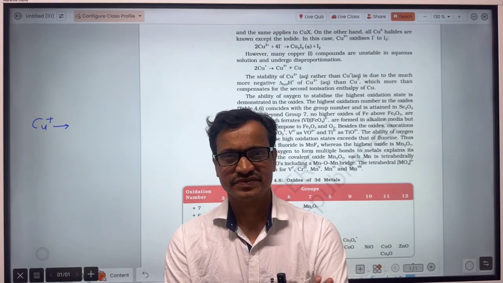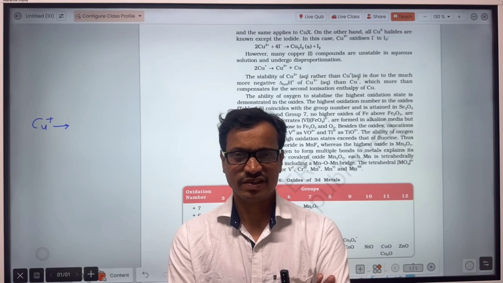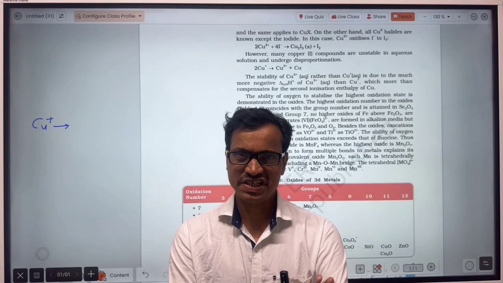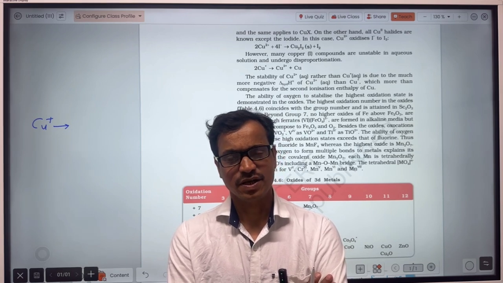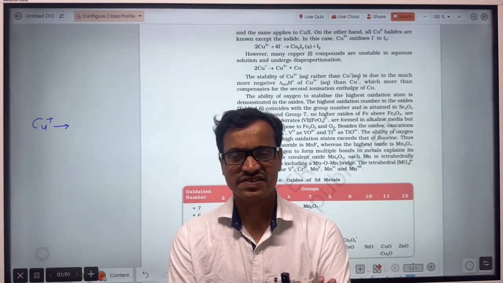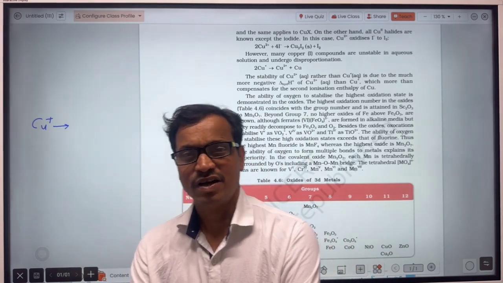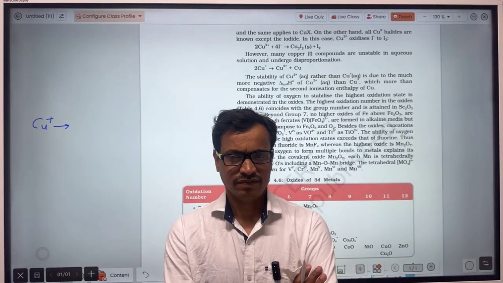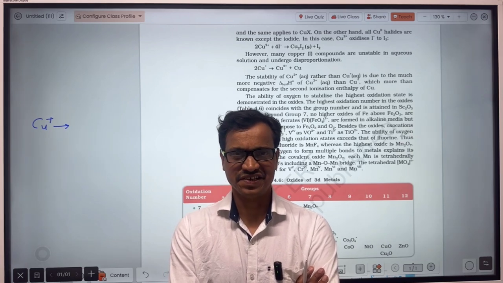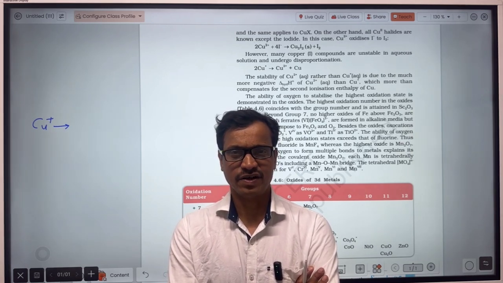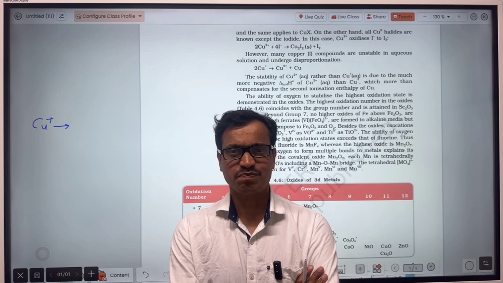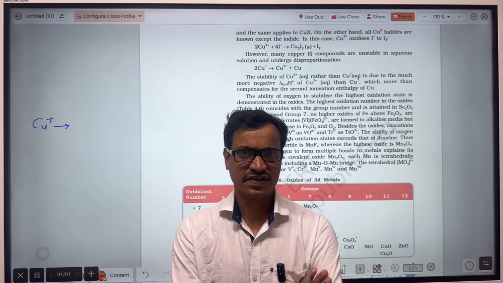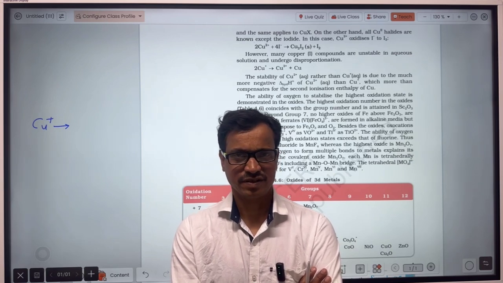In disproportionation, the same compound will get oxidized and will get reduced. That means the oxidation and the reduction will take place of the same compound. So here, copper, when in +1 oxidation state, will undergo a disproportionation reaction. That means Cu+ will disproportionate.